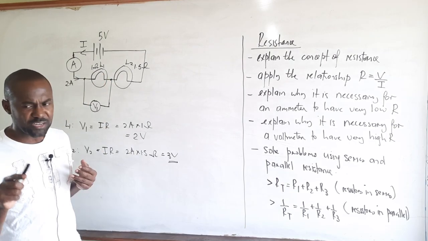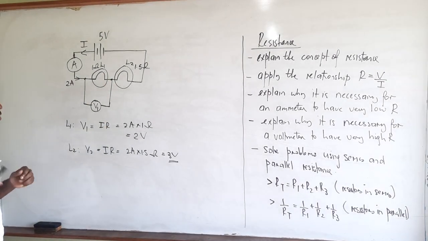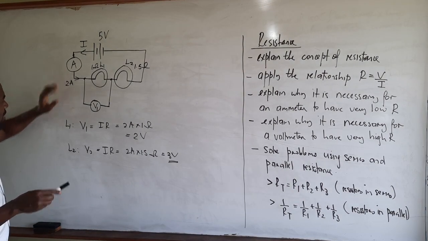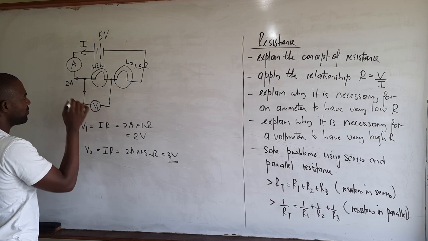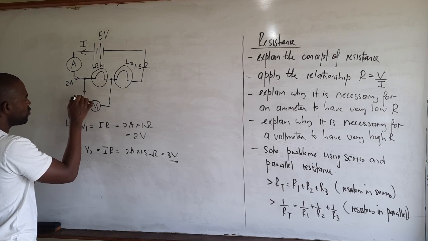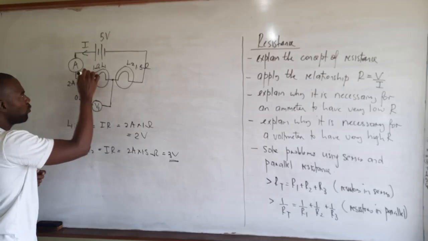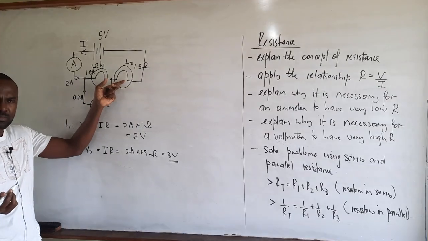Now, let's imagine a scenario where the voltmeter is actually pulling a current. Let's imagine that the current flowing is still 2 amperes, but because the voltmeter is going to pull a current, let's say we have 0.2 amperes flowing towards the voltmeter. This would leave 1.8 amperes flowing through these lamps, right?